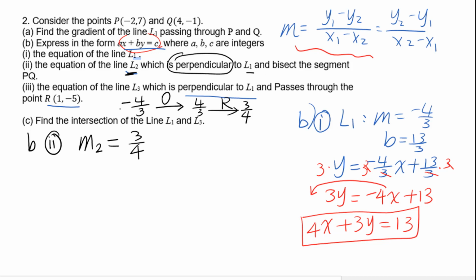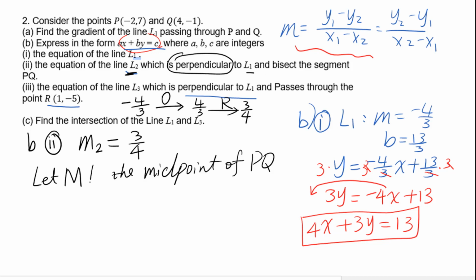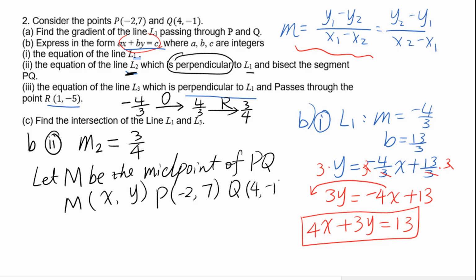Bisect the segment PQ. Let M be the midpoint of PQ. Assume the coordinate for M is (x, y). For P, we know (-2, 7). For Q, that is (4, -1). Let's label this x1, y1, x2, y2.